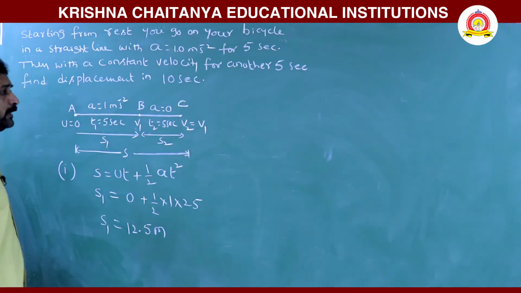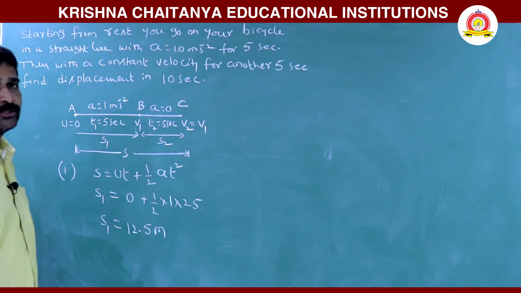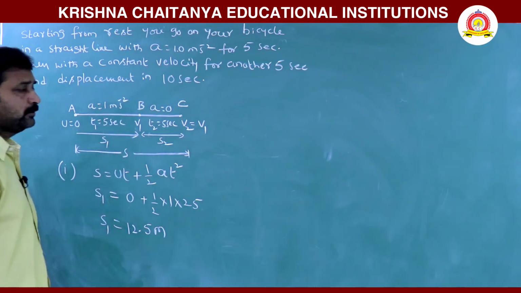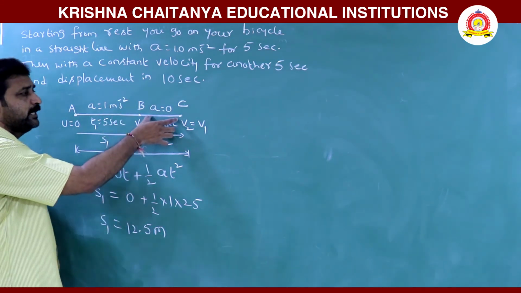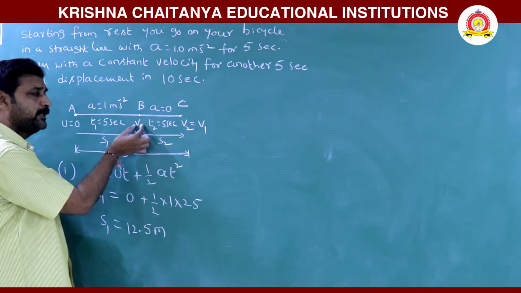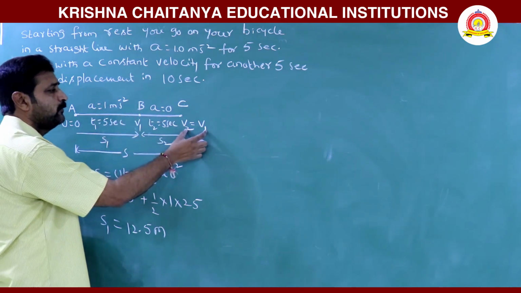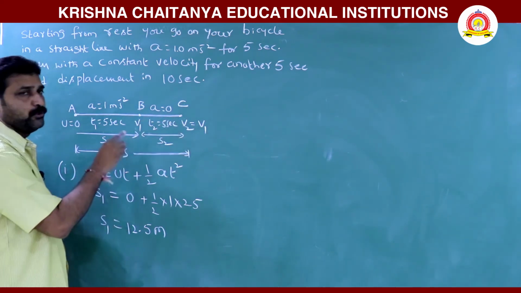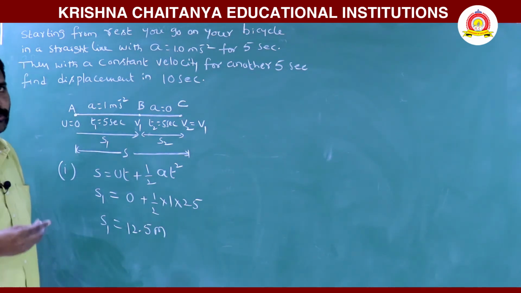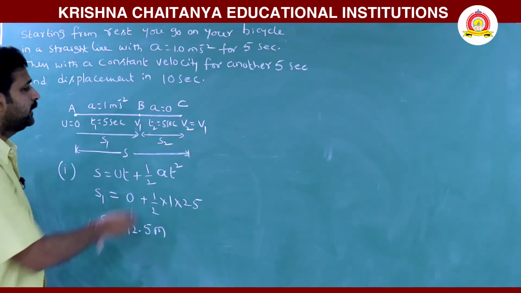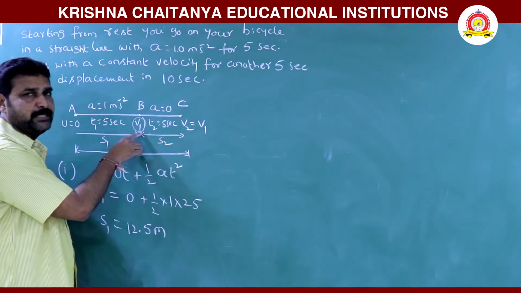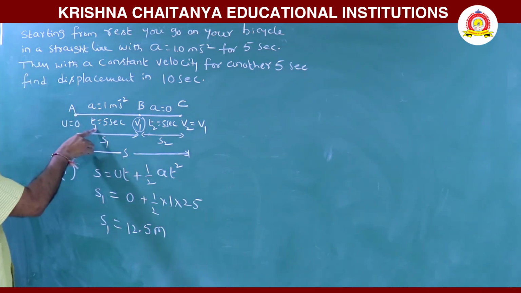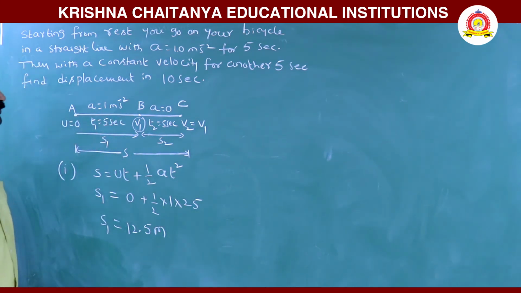This is S1. And for the next 5 seconds, if you want to find S2, since acceleration is 0, for this journey the initial speed is V1, and of course it is the final speed too. Why? Because for this journey speed is constant. If you go with S is equal to ut plus half at squared, here you don't know the velocity for this journey, but we know acceleration, time, all these things in the first 5 seconds.